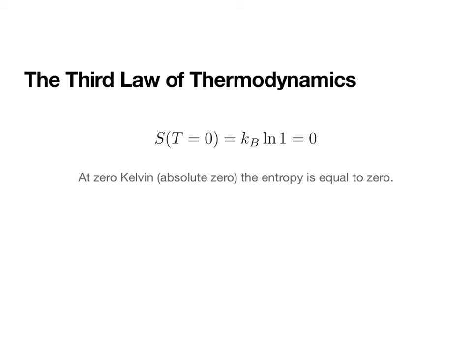To write this in mathematical notation, we say that the entropy at T equals 0 is equal to the Boltzmann constant times the natural log of 1, meaning omega, our number of microstates, equals 1, and that is equal to 0. So at no temperature, the entropy is 0.